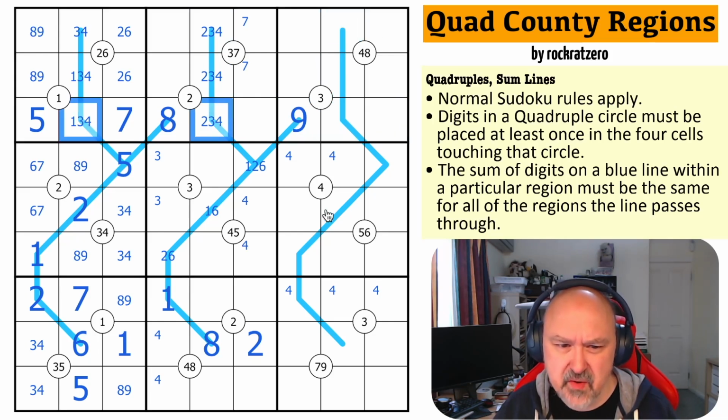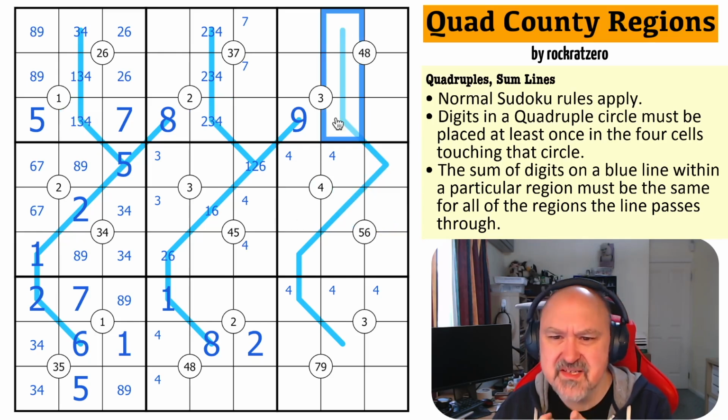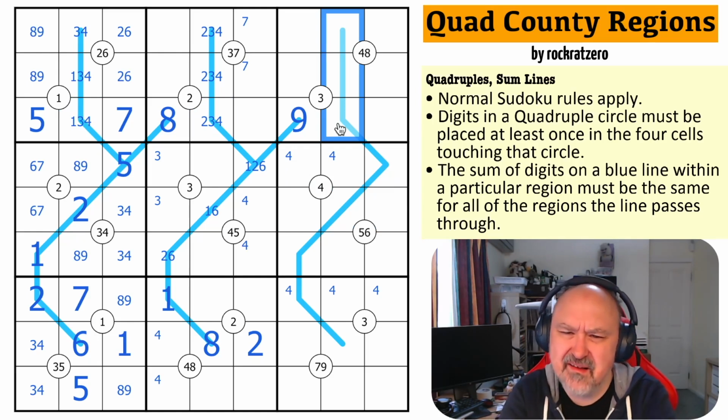So 4 is in one of those two, but I'm not sure how that's helping me. I'm just calling out what I'm seeing. One is in here, but I don't know what the sum of this line is, and I don't know how to get it.